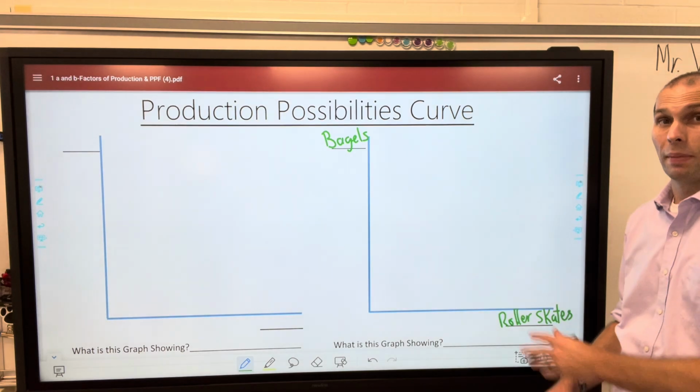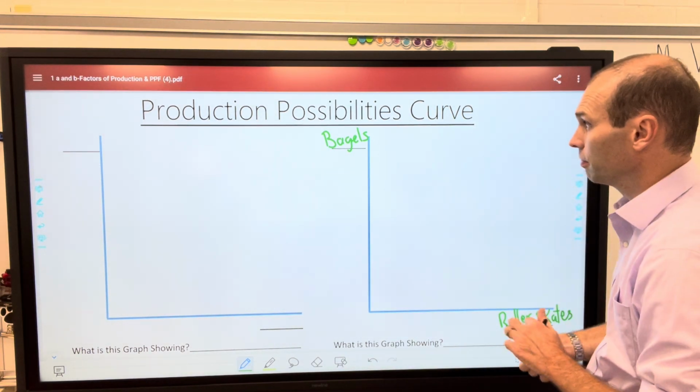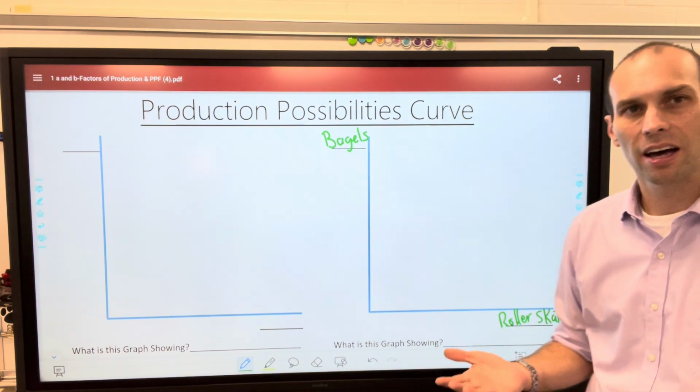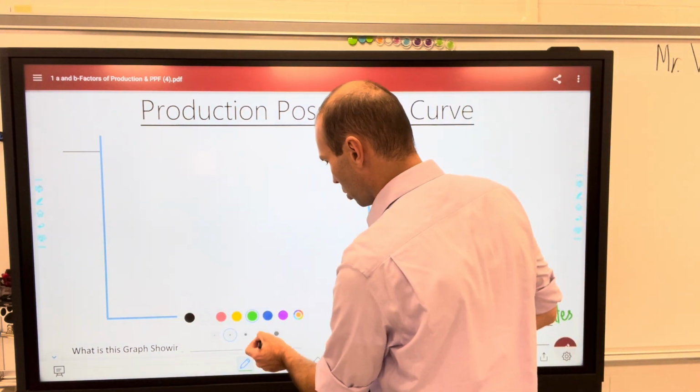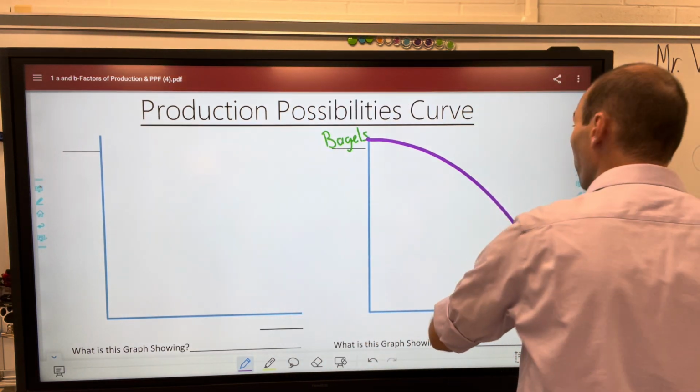All right, now make sure you're copying this onto your graph, because if I draw a graph, you draw the graph. Now on this, we're going to have another production possibilities curve.